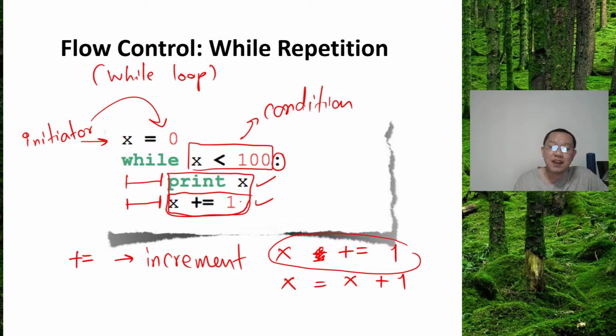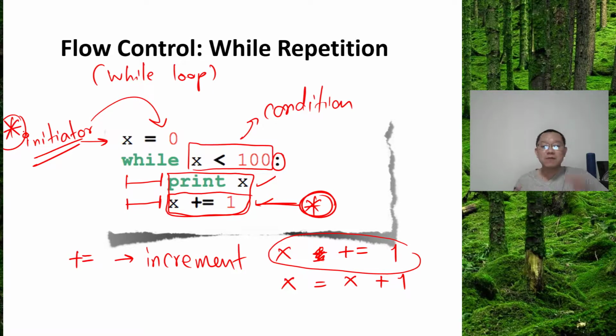So what you cannot miss in making the while loop is an initiator, the first one, and the increment. These are the two most important things for the construction of the while loop.